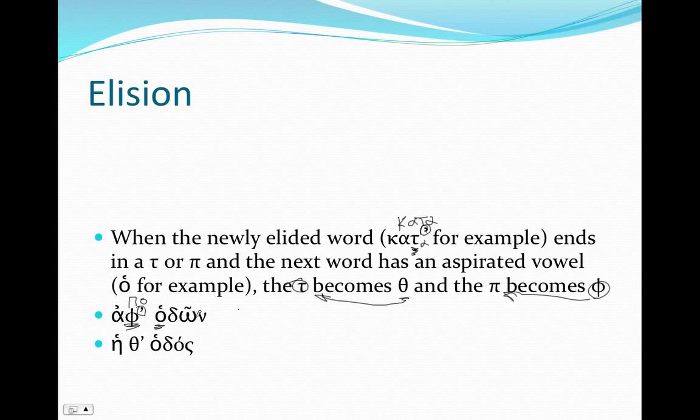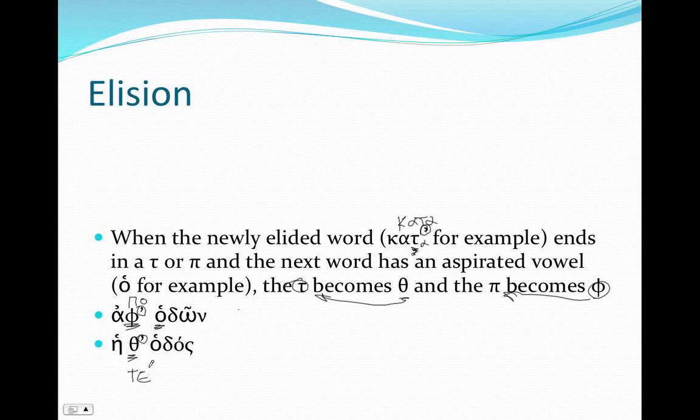Apo hodon becomes aph' hodon. And in he th' horos, we've got a theta, which means that was originally a tau. Ta could be the article, but that doesn't make any sense. Te, the enclitic, and. Te horos, and the road.